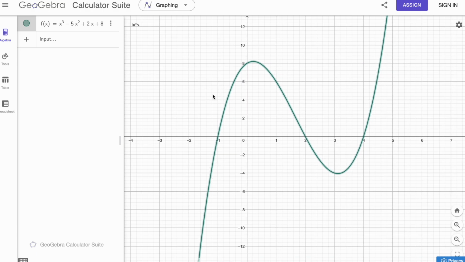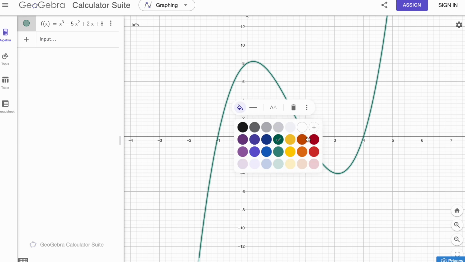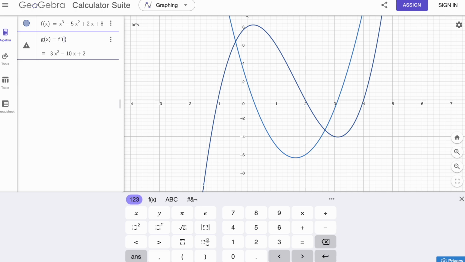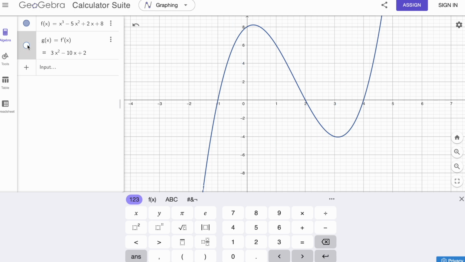I can change the color of this line just by clicking on it, and I would like to make it dark blue. Next, you can see the graph of the derivative of this function, that will be f prime of x, and that's how it looks. If you don't want to see it, you just click again on here. If you want to see it, you click it.